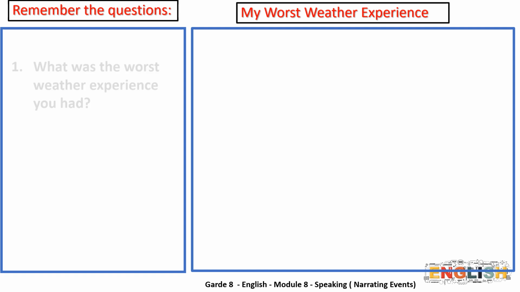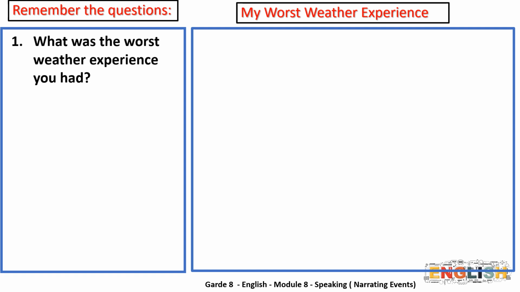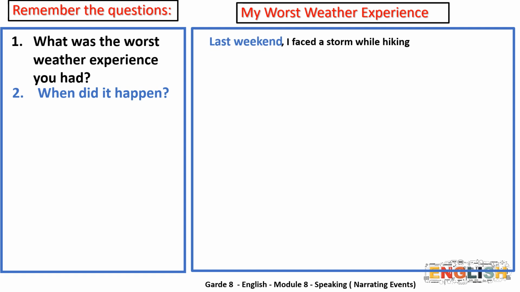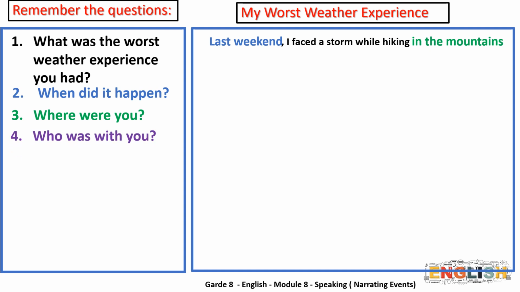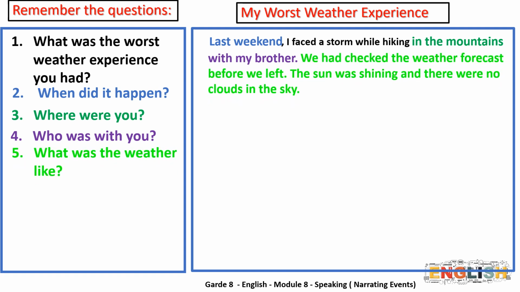What was the worst weather experience you had? I faced a storm while hiking. When did it happen? Last weekend. Where were you? In the mountains. Who was with you? My brother. What was the weather like?